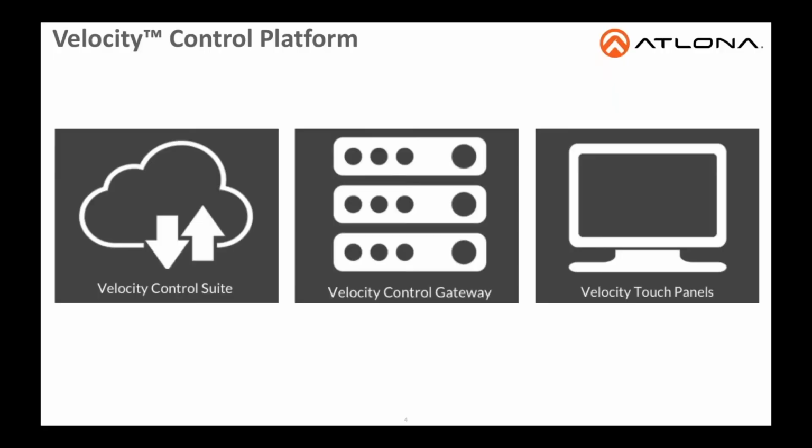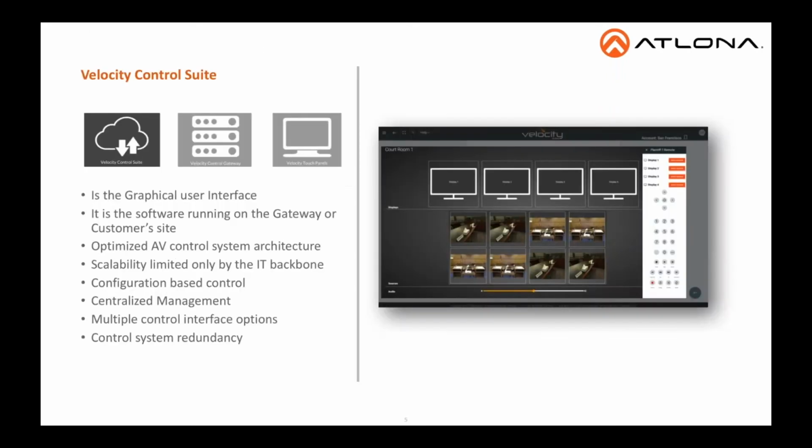So what are the components that make up Velocity? The components are comprised of three distinct elements that work together as a single unified platform. First, we'll talk about the Velocity Control Suite, then the Control Gateway, and the Velocity Touch Panels. So first up is the Velocity Control Suite.